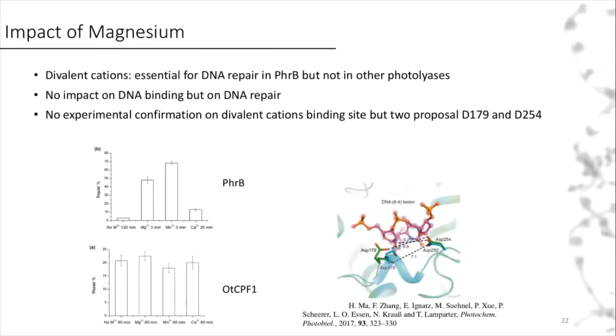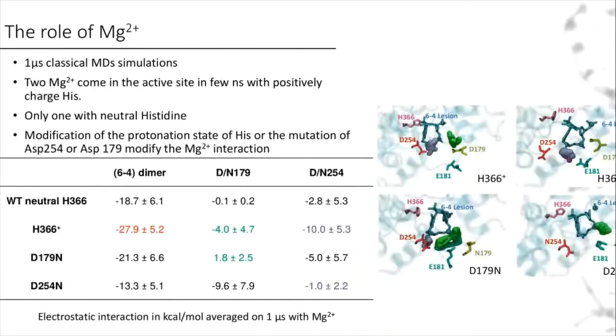So we tried molecular dynamics simulation of the system, and what we observe is that two magnesium cations can interact with these aspartates when we have a positively charged histidine. When it is neutral, we have only one cation inside. If we mutate, we observe an impact on the presence of the cations.